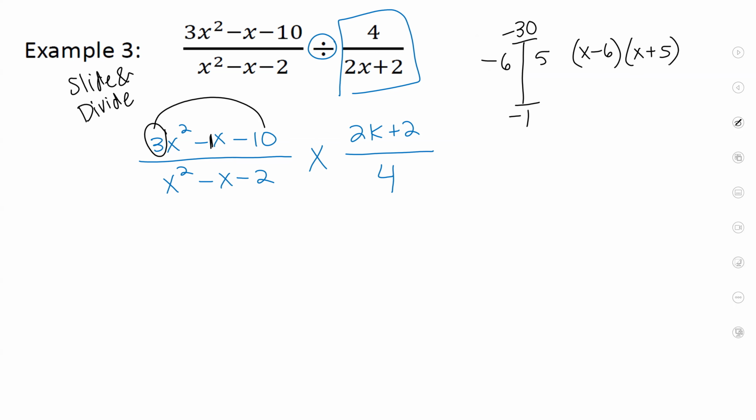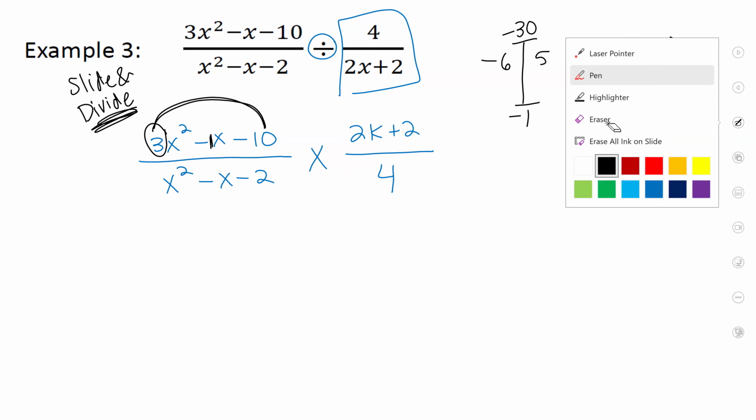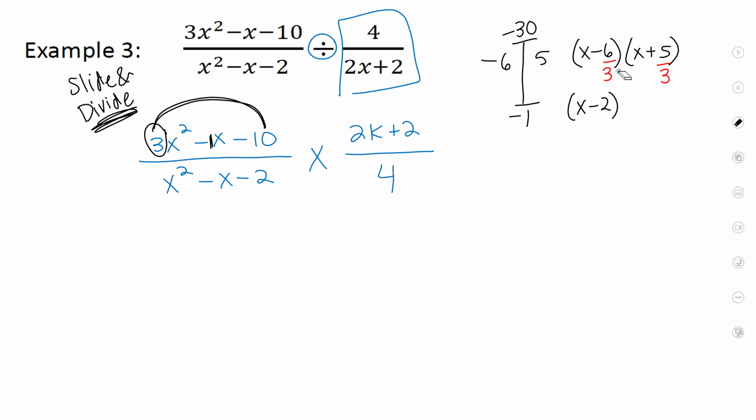Guys, this is called slide and divide. So first we multiplied by the 3. Now we're going to divide by the 3. So let's divide both of these numbers by 3. What is 6 divided by 3? 2. Okay, so this will become x minus 2. Can we divide 5 by 3?